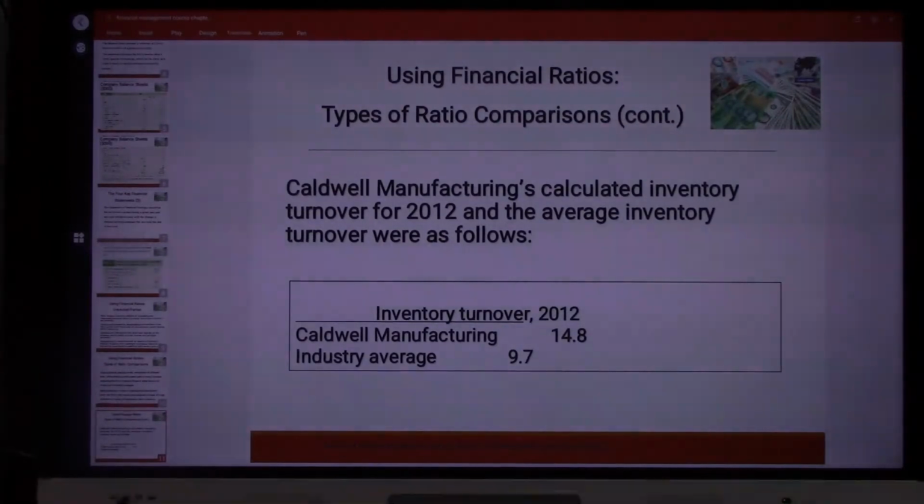Through such a comparison, you could determine how your inventory turnover level is, whether it's good or bad.